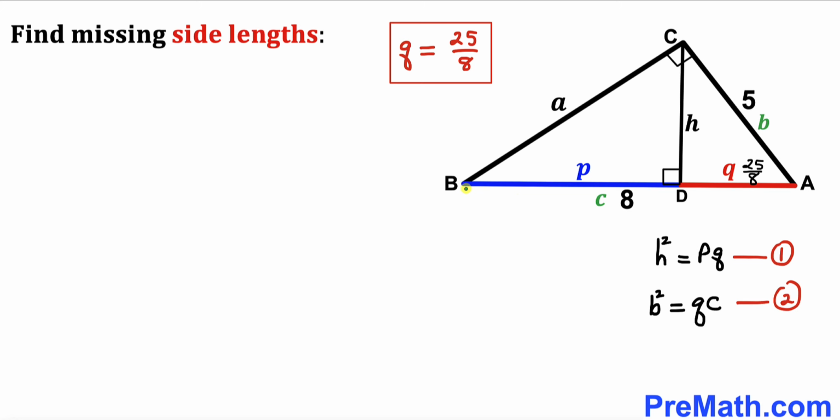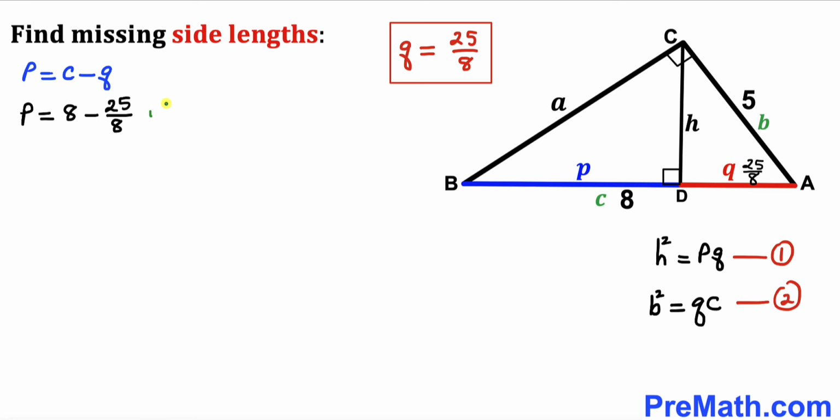And now let's make an observation. We can see that this whole length is being represented by lowercase c. So therefore this BD length, which is p, could be written as c minus q. And now we know our c value is 8 and our q value is 25 divided by 8.